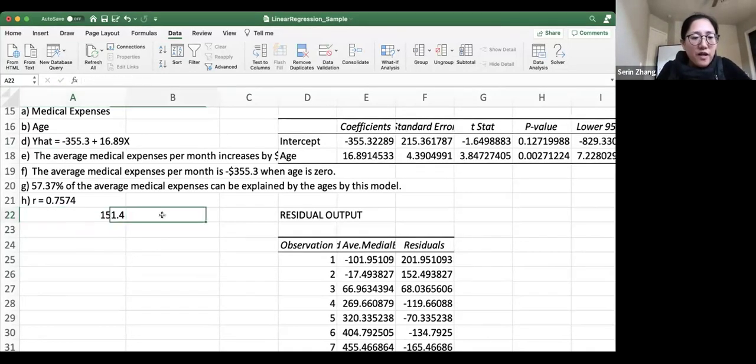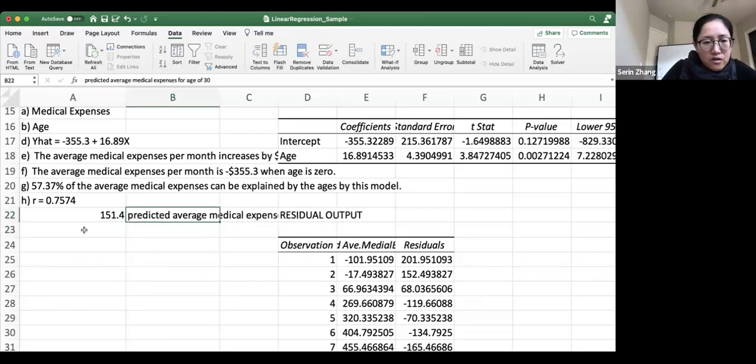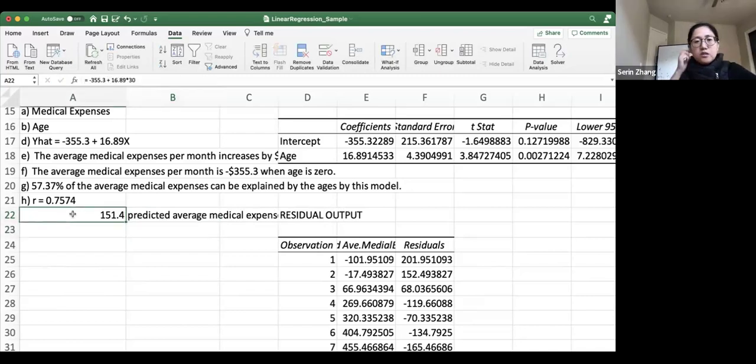That's the predicted average medical expenses for age of 30. But in lab assignment 4, you have to calculate the predicted Y value for an X value of 40.